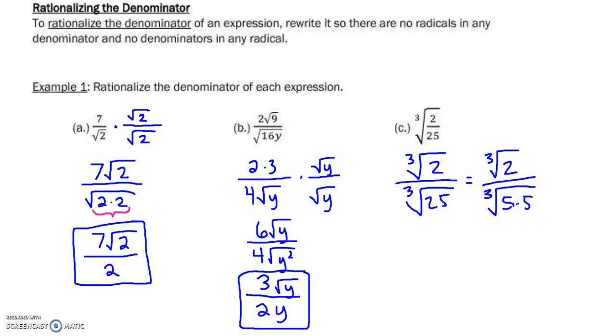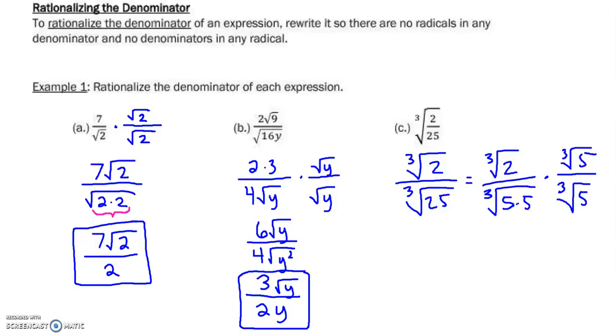Now since this is a third root, I need a group of 3. I have 2 5's currently in that third root, so I want another 5 in that third root. So I'm going to multiply the denominator by the third root of 5. In order to preserve the value, I multiply the numerator by the third root of 5 as well.